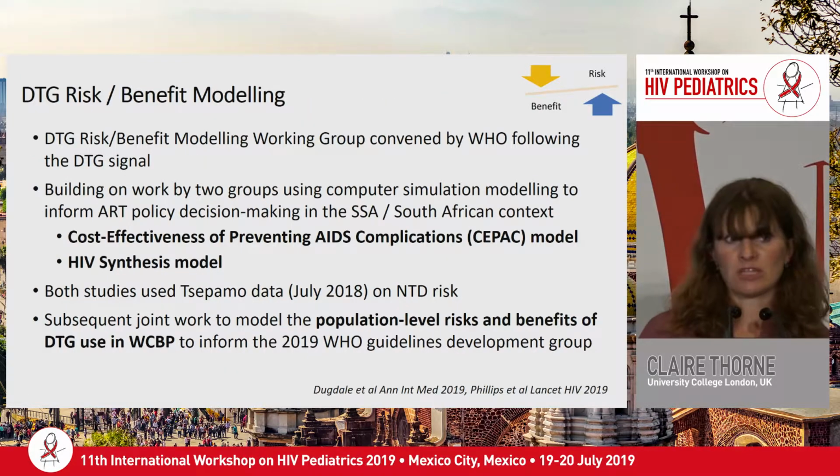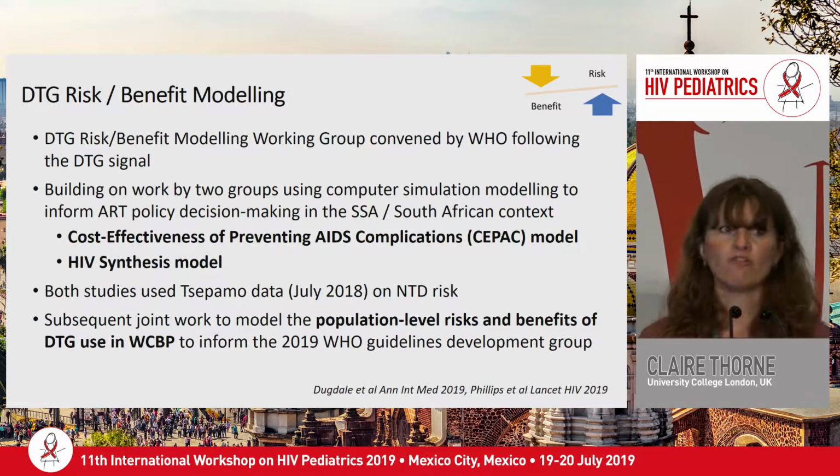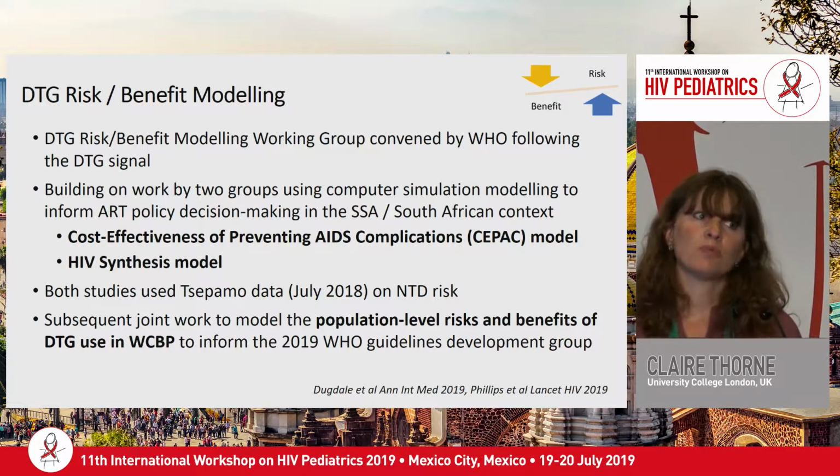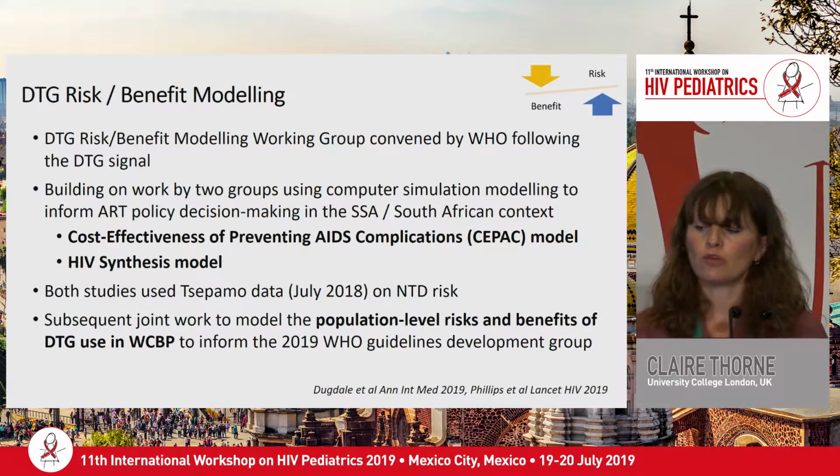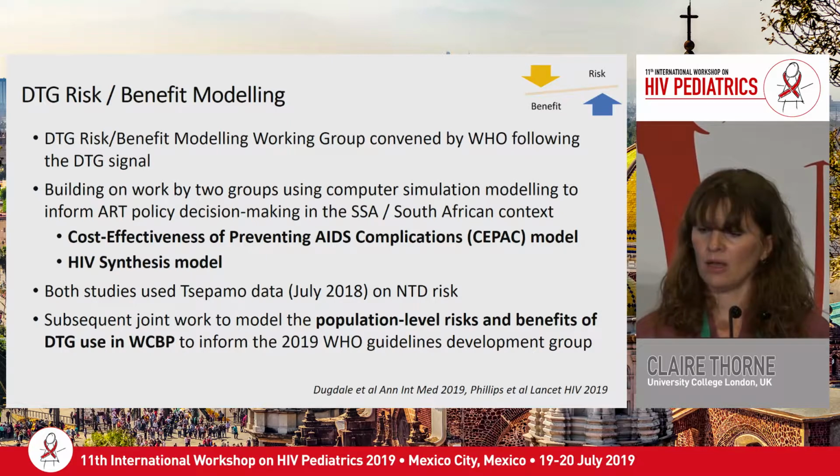So with respect to risk-benefit modelling, the WHO convened the Dolutegravir risk-benefit modelling working group following the signal. And this group is building on work by two groups using computer simulation modelling, the CPAC group and the HIV synthesis group, both of which have published this year with respect to their models, using the SEPAMO data on neural tube defect risk.